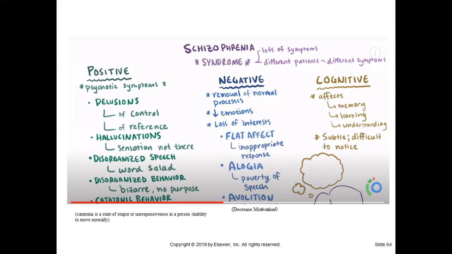A psychotic disorder patient presents with a lot of symptoms, and different patients have different symptoms. It does not mean every patient has to have all of the signs and symptoms we wrote here. We categorize the signs and symptoms as positive, negative, and cognitive.